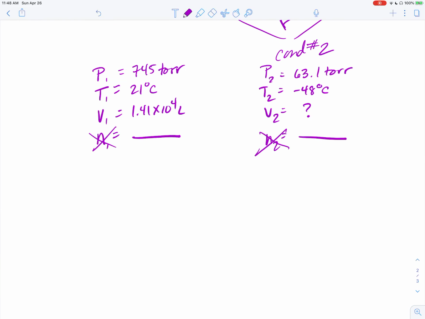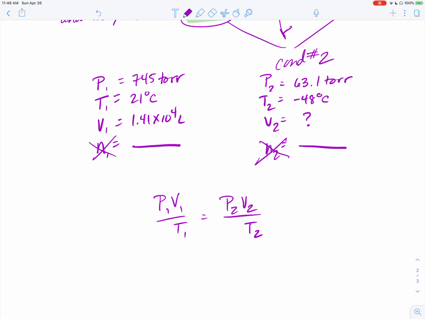When we're writing this equation, P1V1 over N1T1 equals P2V2 over N2T2, if you don't have the value or the value ends up being the same from one condition to the next, you can just get rid of that variable. So now you have this version of the combined gas law that only has the things that we have values for.